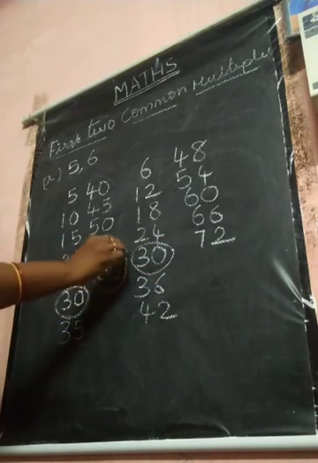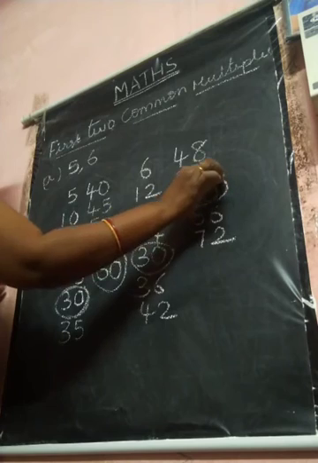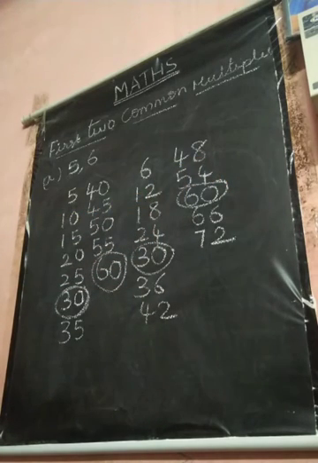Here 60 is there. Here also 60 is there. This is the second common multiple.